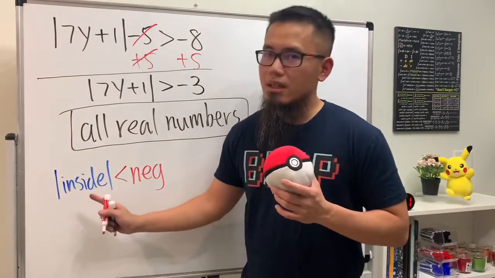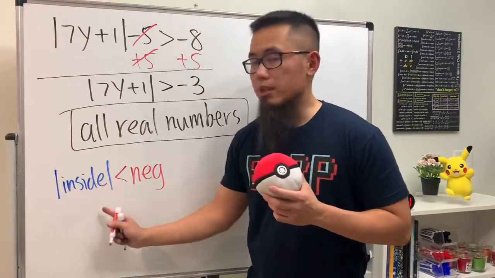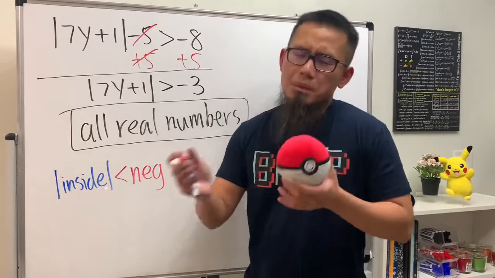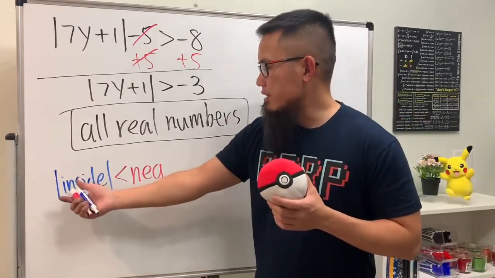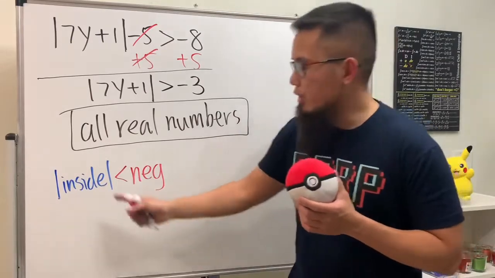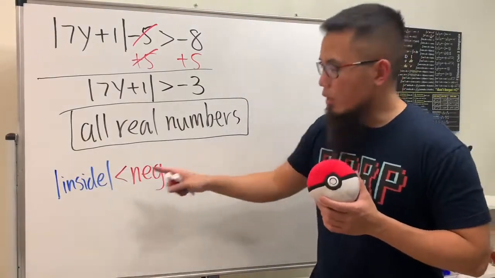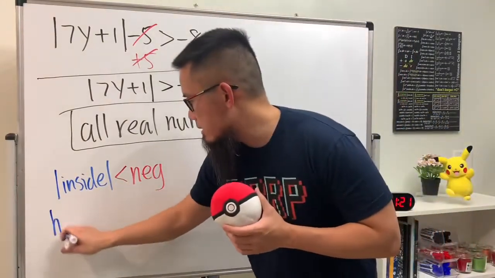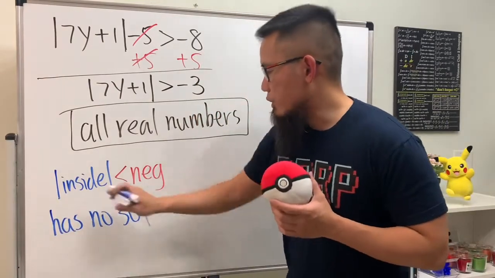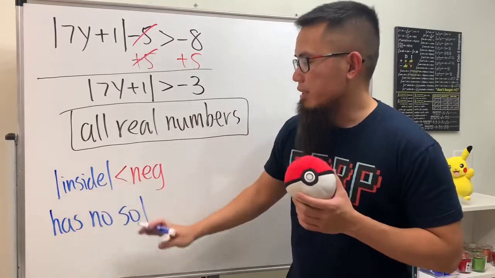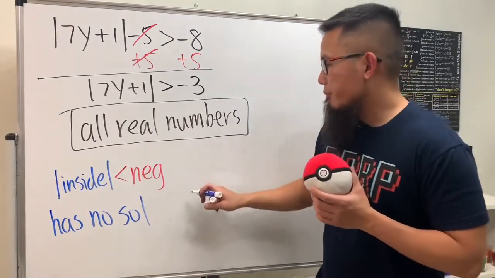Because again, the output of an absolute value is always positive or maybe sometimes just 0. You cannot have a positive number less than a negative number. You cannot have 0 less than a negative number. So this inequality has no solution.